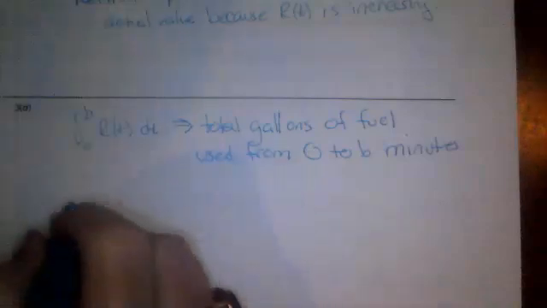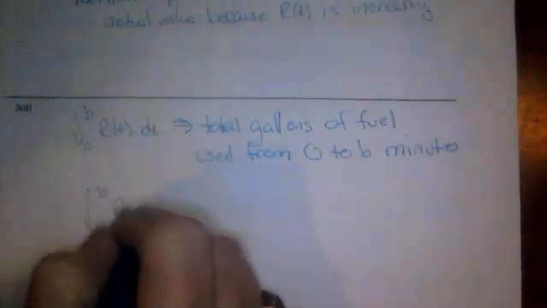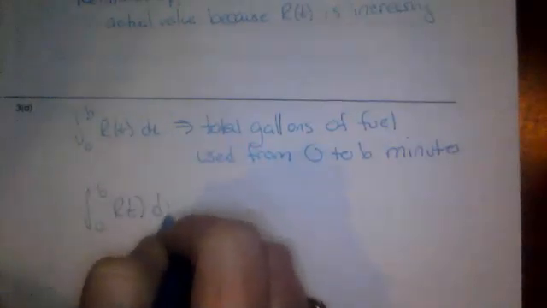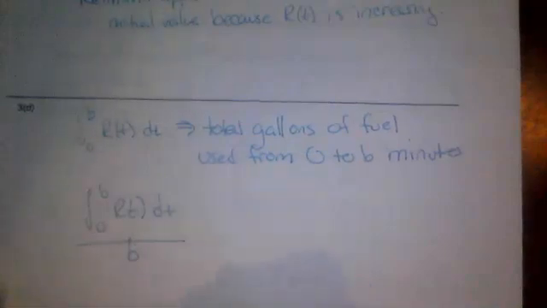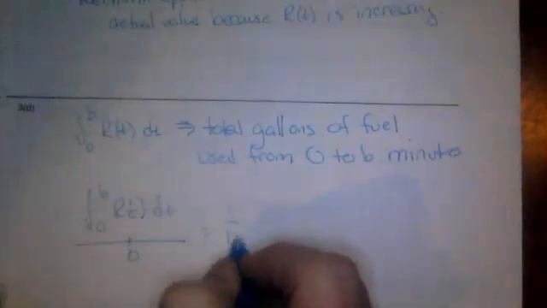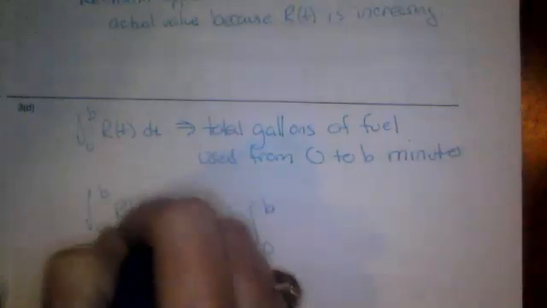Okay, now, if this is giving us the total number of gallons that have been used, then what do you think if I were to take this integral from 0 to b of r of t and divide it by b? That's the same as 1 over b times the integral from 0 to b of r of t.